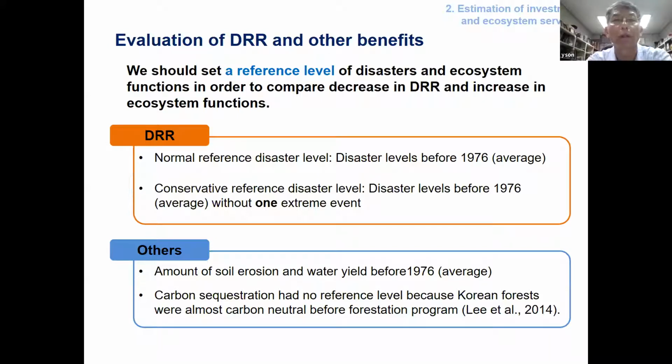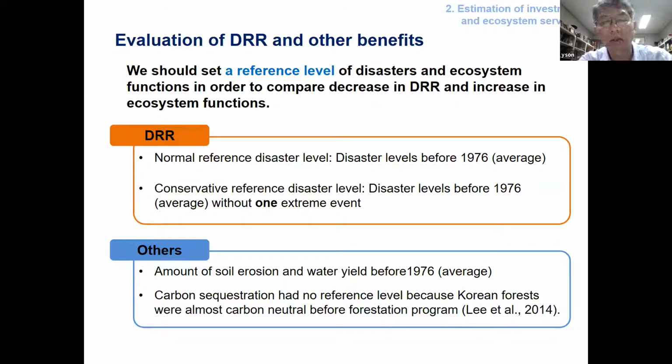Okay, good. Anyhow, I was talking about reference level to compare decrease or increase. Decrease in DRR, increase in ecosystem services. So in DRR, we had two reference levels, normal level or conservative level, okay?